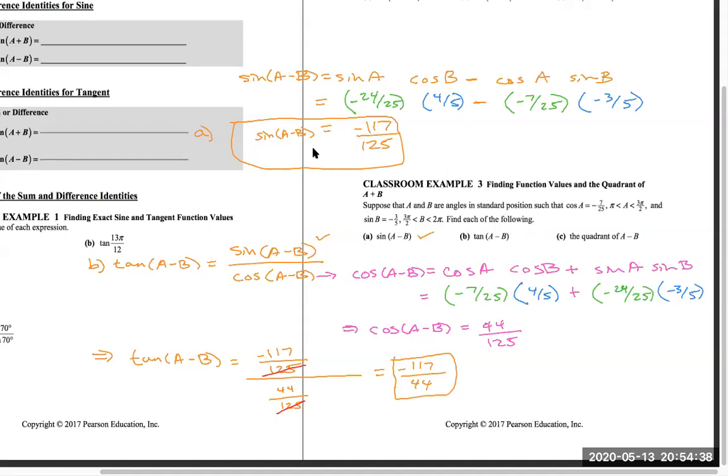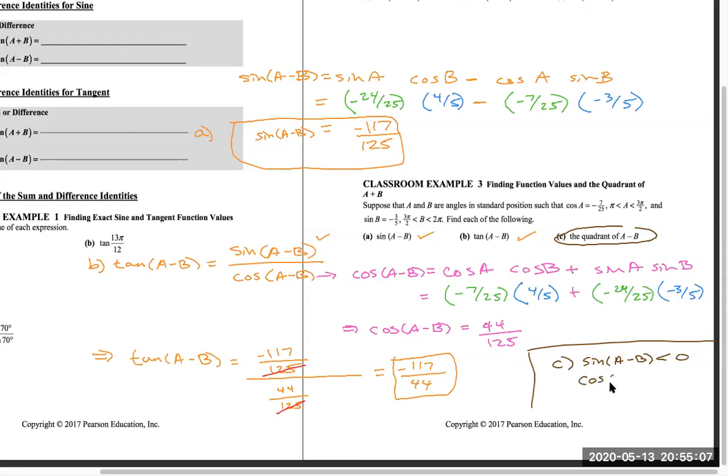All right, so we have part B down, and then the last part, finding the quadrant of A minus B. Essentially, you want to look at the signs of your sine and cosine values here. So remember, sine A minus B, it's negative.